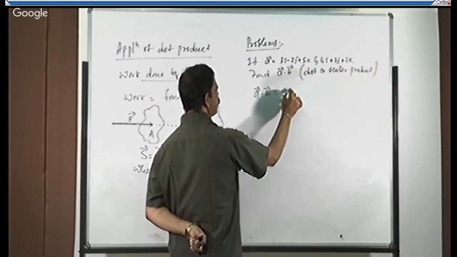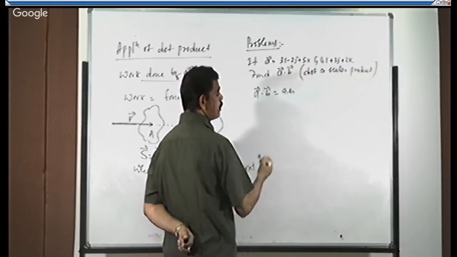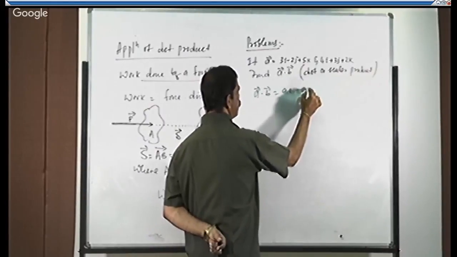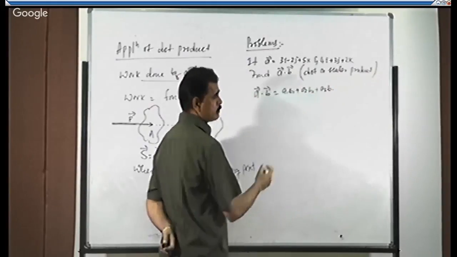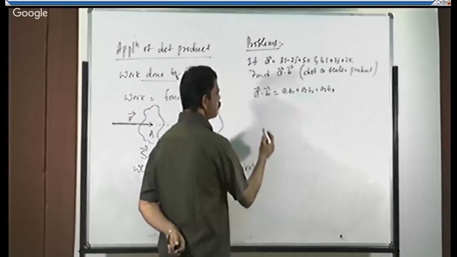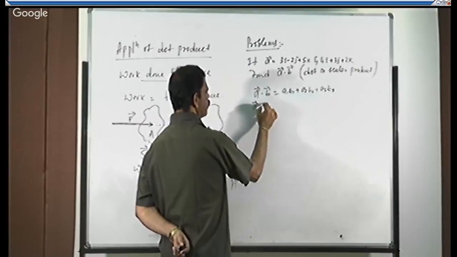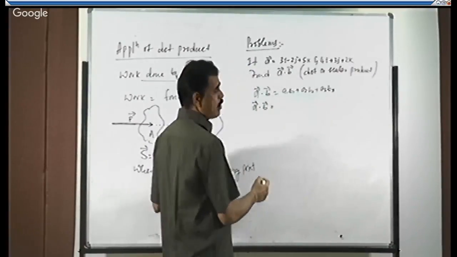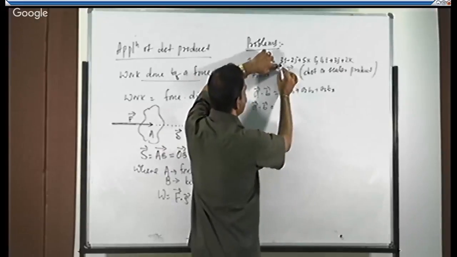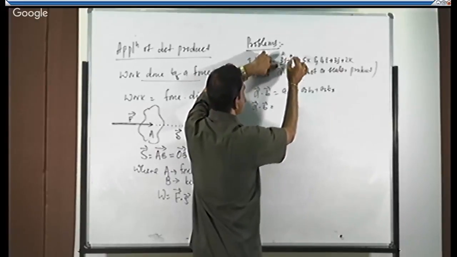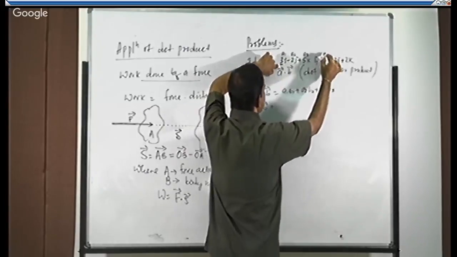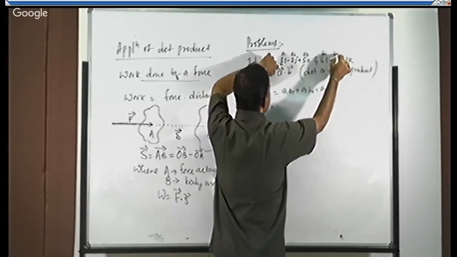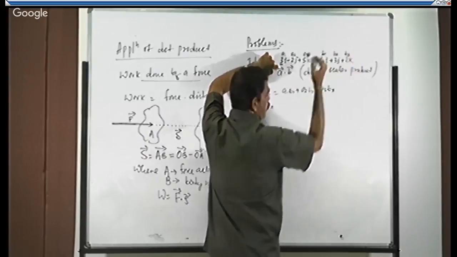It is A1 B1 plus A2 B2 plus A3 B3. So according to this, for the given vectors, dot product is what? What is A1? A1 is 3. This is taken as A1, this is A2, this is A3. This is B1, this is B2, this is B3.